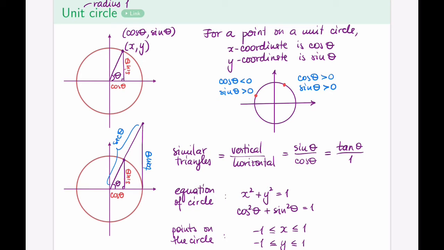But of course, remembering that my x and y coordinates are actually sine and cosine of the corresponding angle, I can simply see that these relationships will hold for sine and cosine. And this is once again something that we see all the time. Sine and cosine are bounded between -1 and 1, but that is only because they come from the circle.